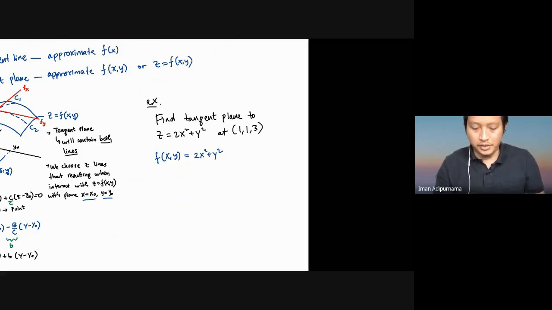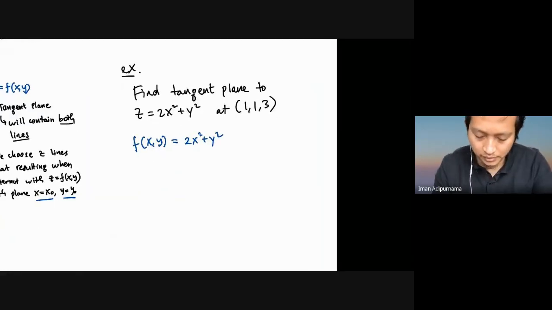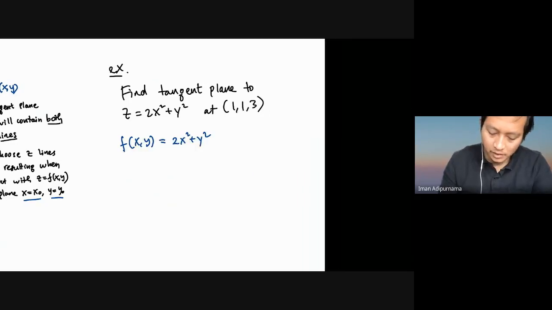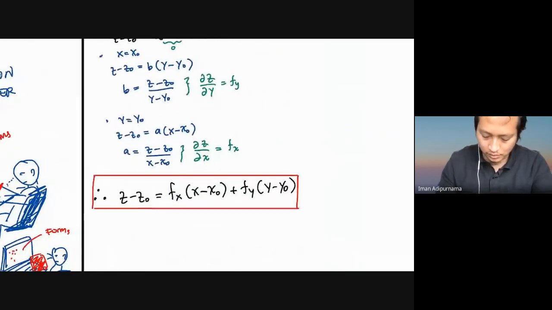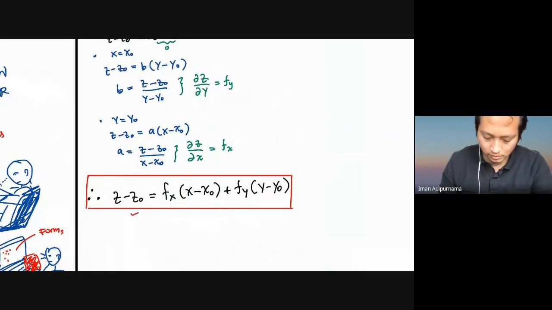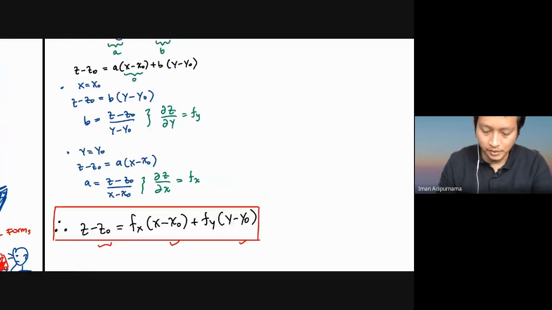If this is a static question, then you just need to directly find the tangent plane and use the equations. First, look at this point here. This means this is x0, y0, and z0, based on the equation of the plane, right?